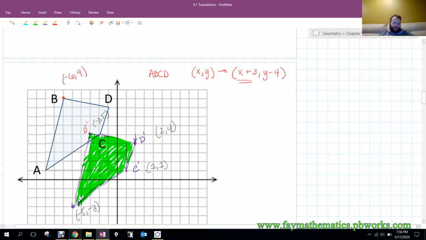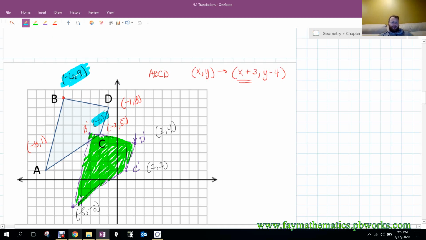A was at -8, 1. D is at -1, 8. And C is going to be at -2, 5. And all I want to do here real quick is focus on that point B and this one here, B prime, which is at -3, 5.